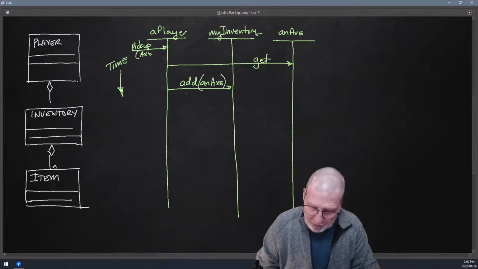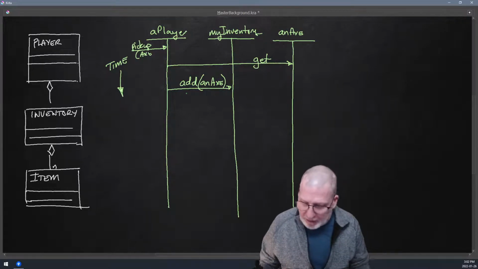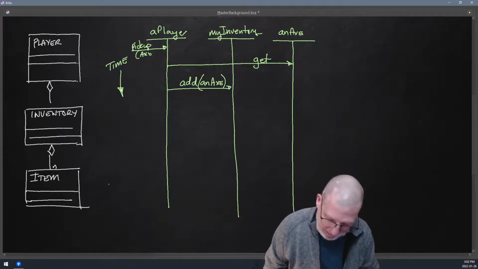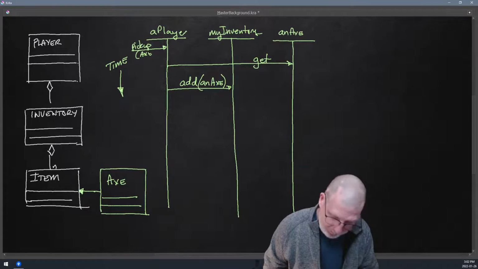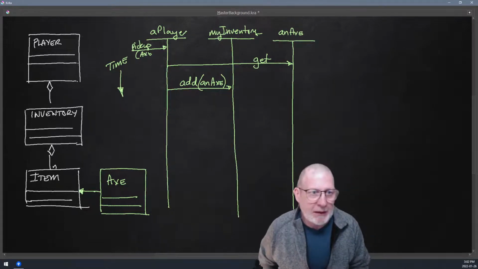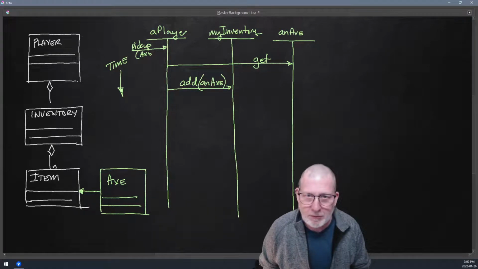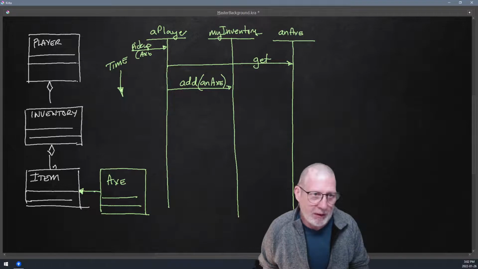And if I ever try and say, hey, how do I get an axe? Where's the item? Oh, well, I had an axe, which is really a specialized item. And in case you don't recognize it right now, the arrow is inheritance in terms of object-oriented programming, right?